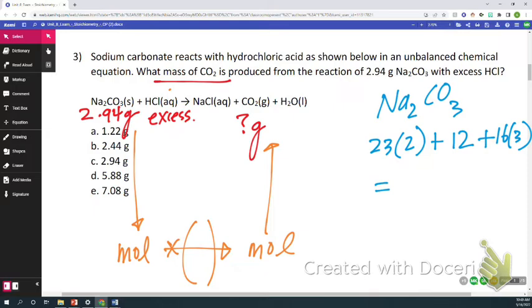You add that up real quick. And I got around a 106. This is the molar mass. So it's 2.94 divided by 106, and I got 0.02774 moles.